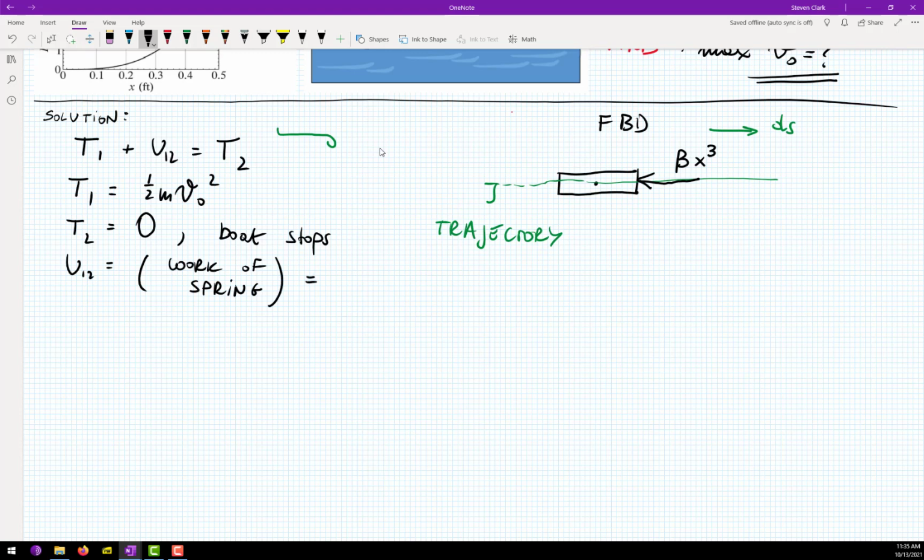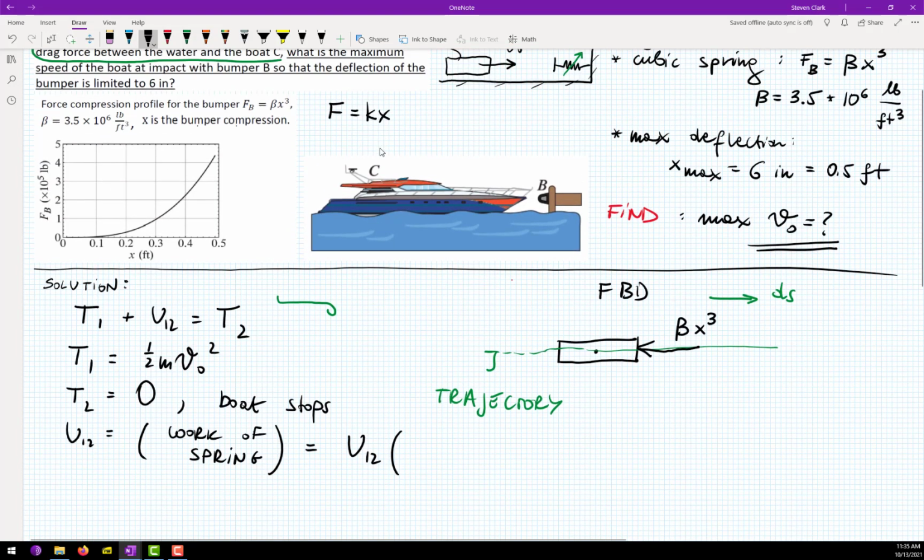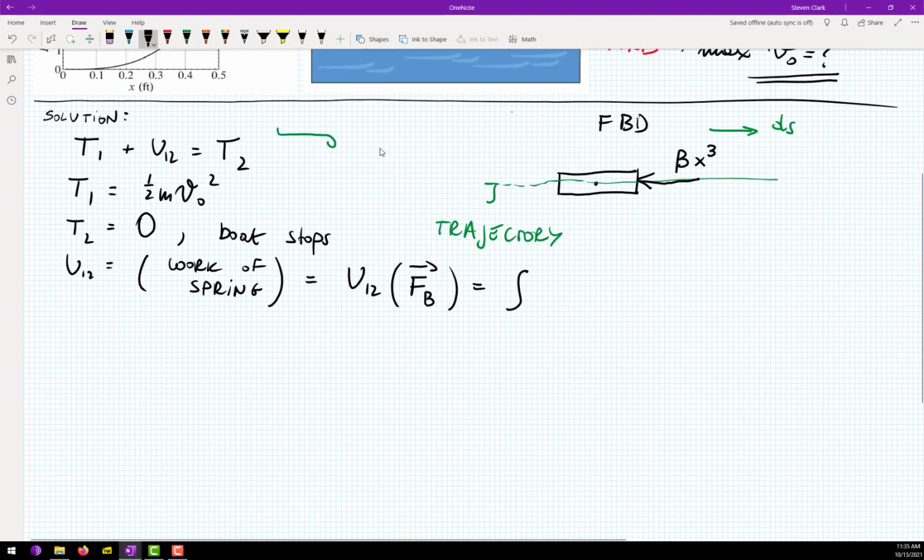And let's put it in more mathematical form. It will be U12 of, let's call it FB. So it will be FB. And let's put it in even more mathematical form. That would be the integral from A to B of FB times ds.